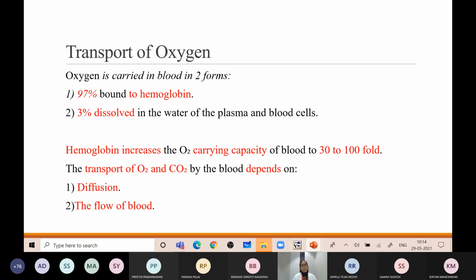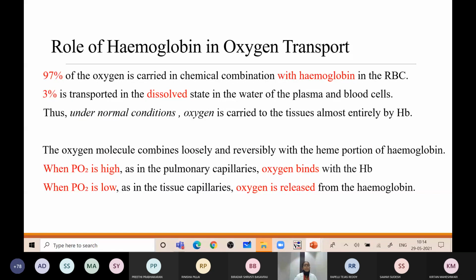The transport of oxygen and carbon dioxide by the blood depends on diffusion and the flow of blood. So oxygen and carbon dioxide transport depends on the rate of diffusion and the intactness and normal blood flow to that particular tissue. Now coming on to the role of hemoglobin in oxygen transport.